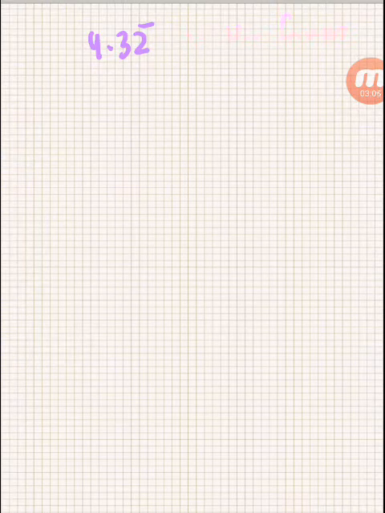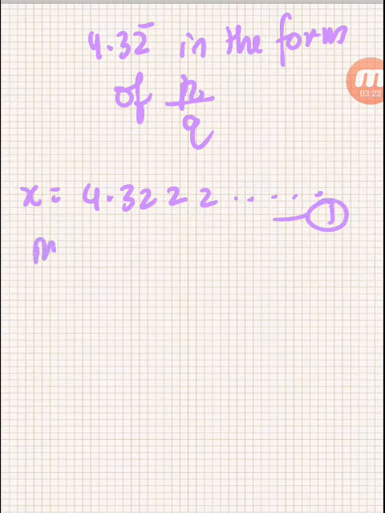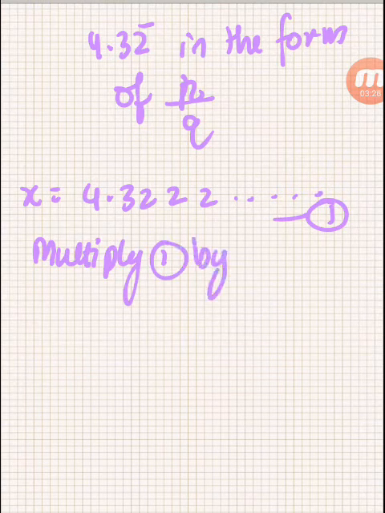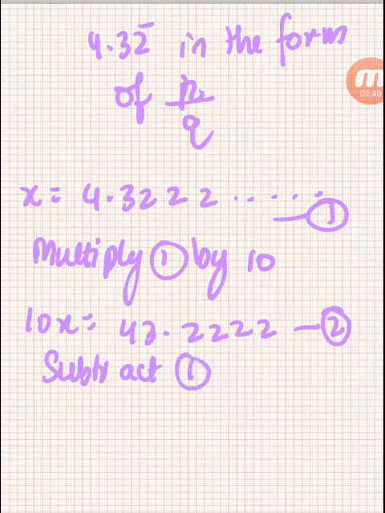So let's suppose x is equal to 4.32222 and so on. And now this is equation 1. So multiply 1 by 10, because only one digit is repeating. 10x will be equal to 43.222, like this. This is equation 2. And after that, subtract 1 from 2.